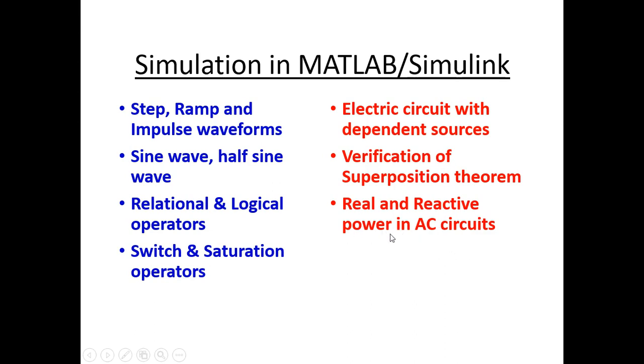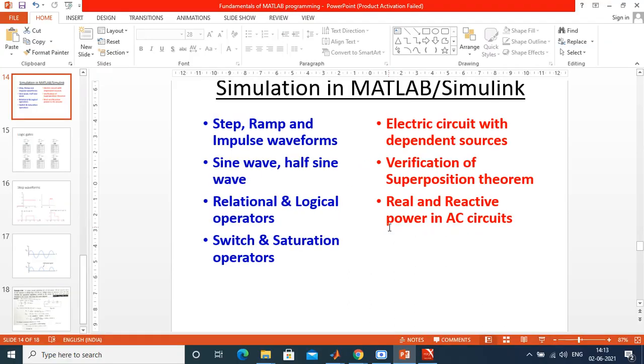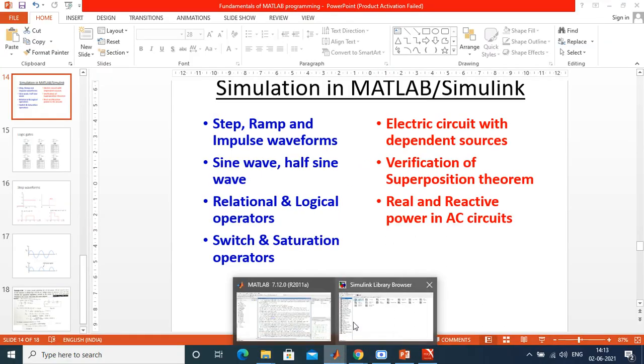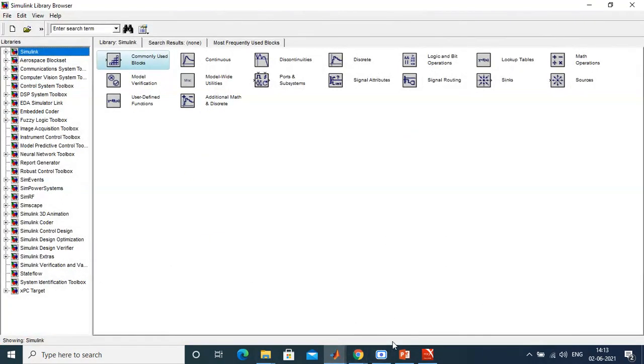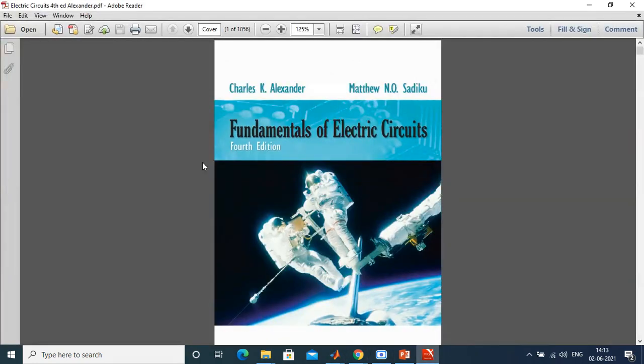Just to go through the MATLAB. Now I need to do one simulation for verification of superposition theorem. In order to do this verification, I need to take one circuit.